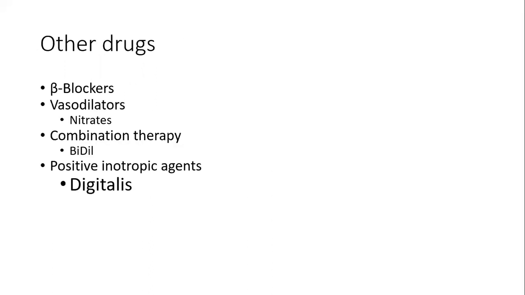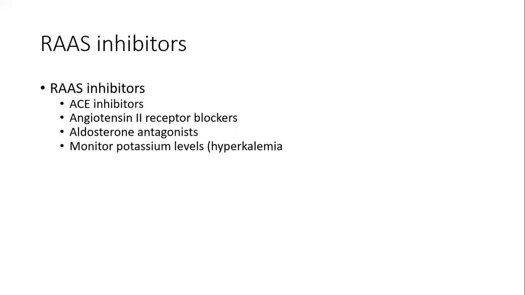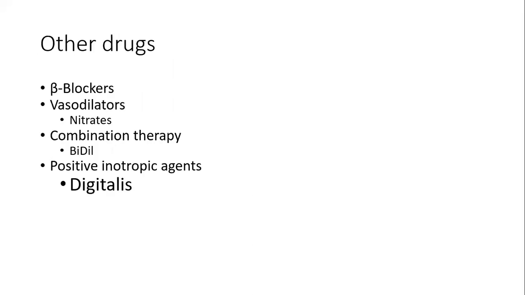Be on the lookout for hyperkalemia, especially with the aldosterone antagonists, because those are potassium-sparing diuretics, and a person can get into trouble that way. Other drugs include beta blockers, vasodilators such as nitrates, combination therapies like BiDil, positive inotropic agents like digitalis, all possible treatments for this condition.